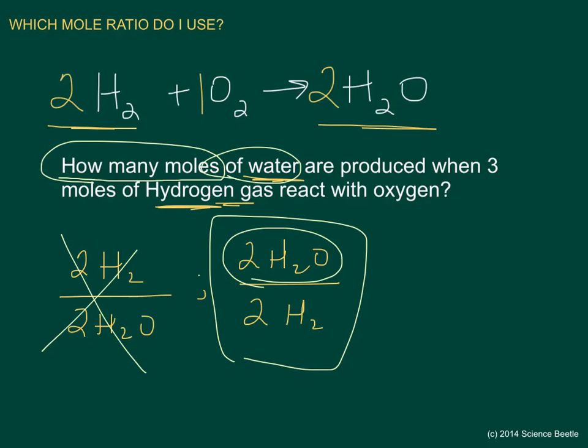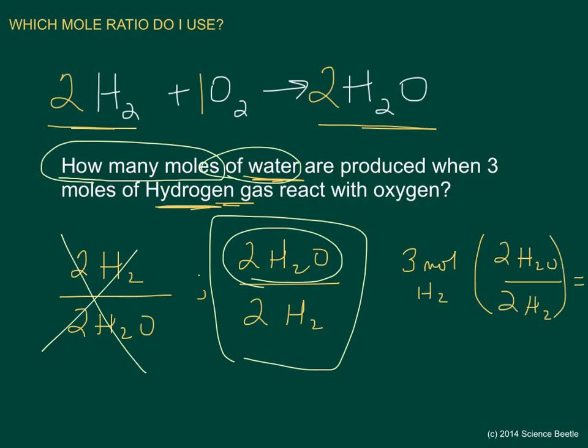Okay? And if you're trying to solve this particular problem, the problem is very easy to solve at this point. So you're going to take what you've got, the 3 moles of hydrogen gas, and multiply by the mole ratio that you've just determined to be the correct one for this problem, 2 H2O divided by 2 H2.